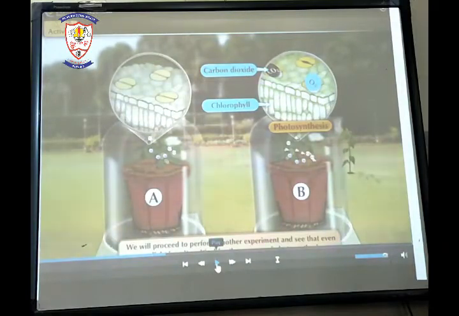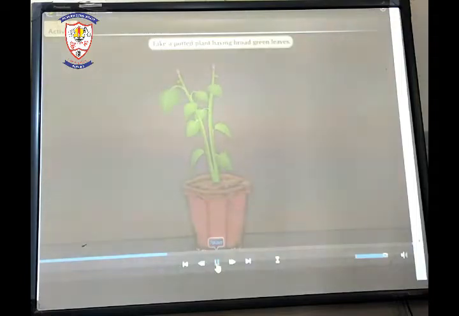Now we will proceed to another activity and see that sunlight is quite critical for the process of photosynthesis, and for that the activity is such that we have to take a potted plant having broad green leaves.